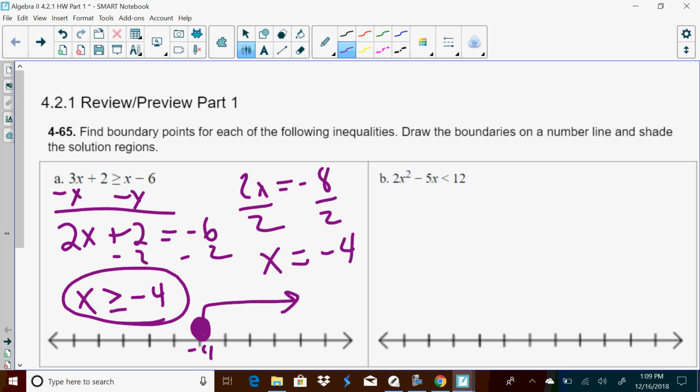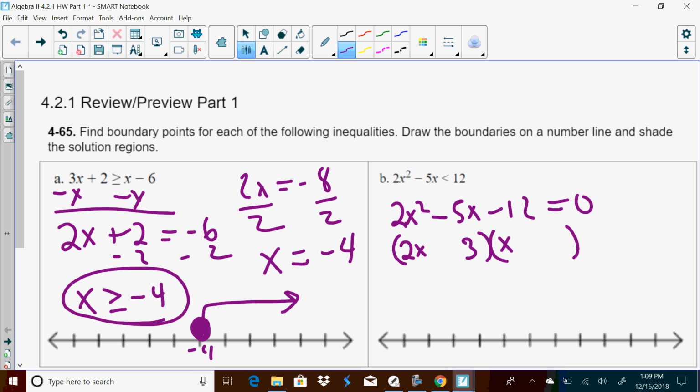For this one, we're going to subtract 12 and set equal to 0, and then factor it to find our boundary points. So it turns out our boundary points are 4 or negative 3 over 2.